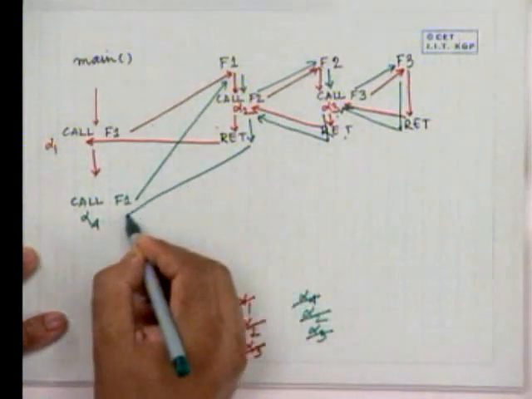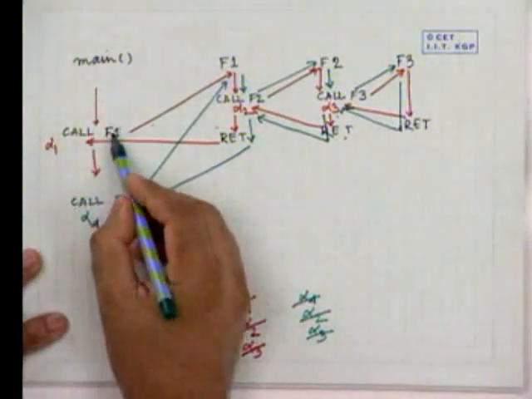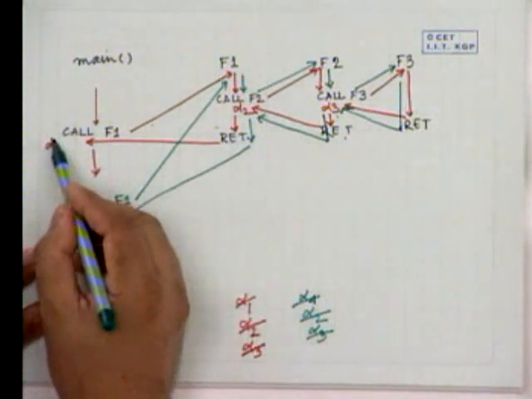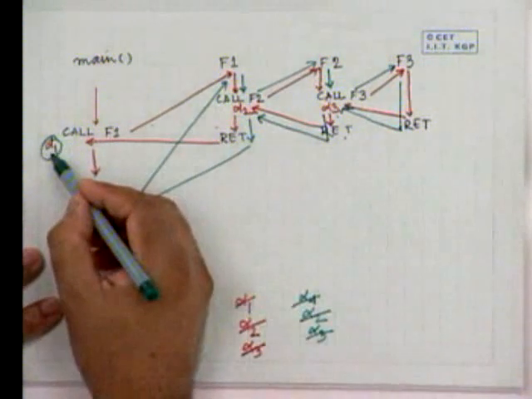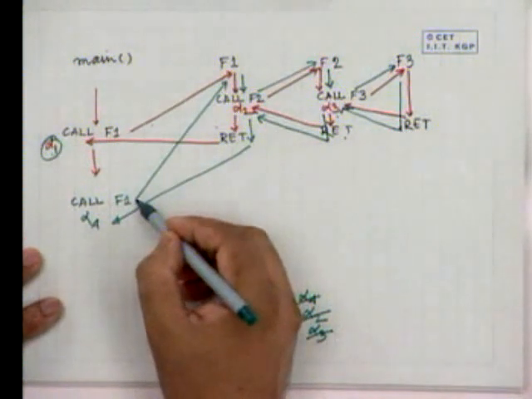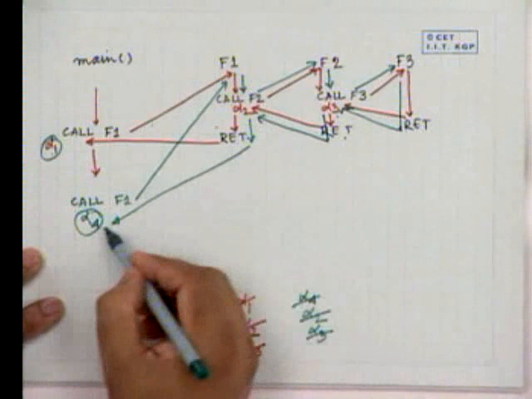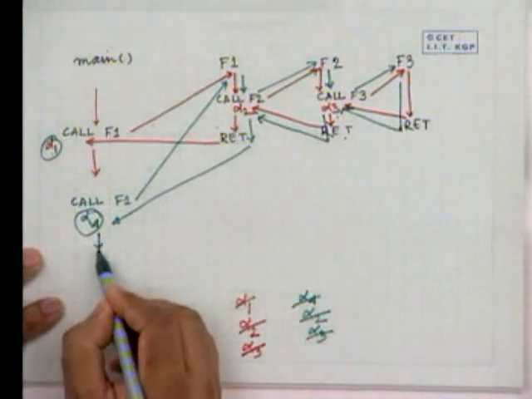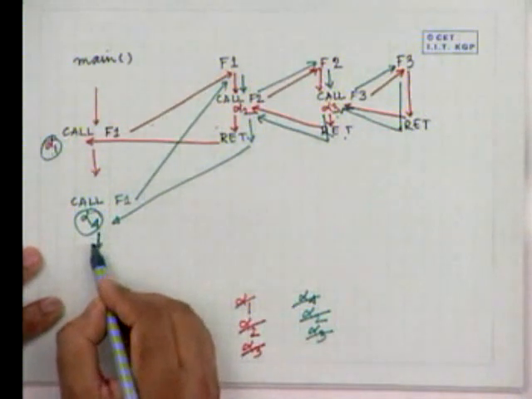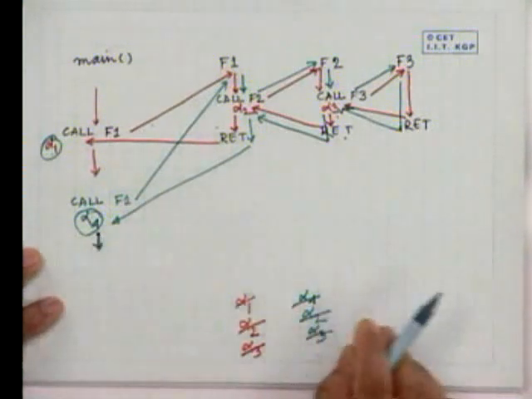That means it comes back over to here. When I was calling from here, since the return address was alpha 1, I was coming back to alpha 1. When I'm calling the same function from here, since now the return address is alpha 4, I come back to alpha 4 and the control of the program starts from here once more.